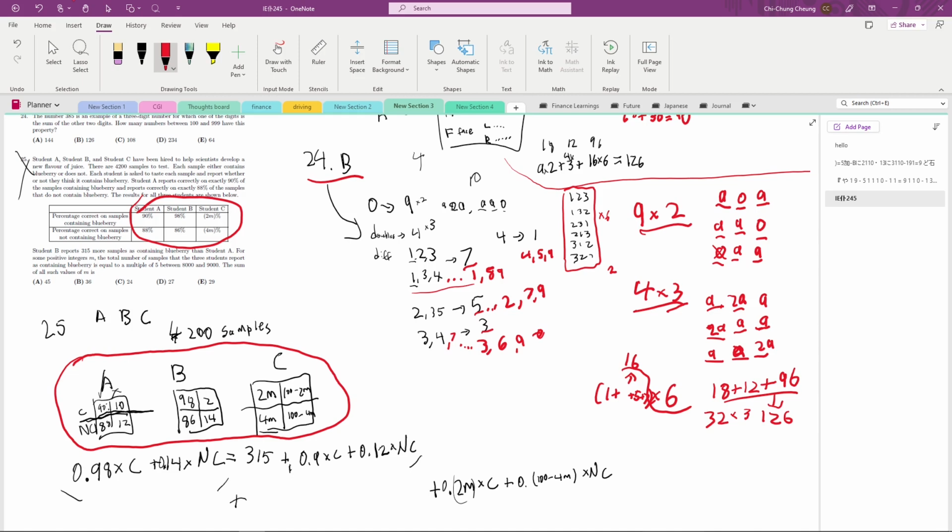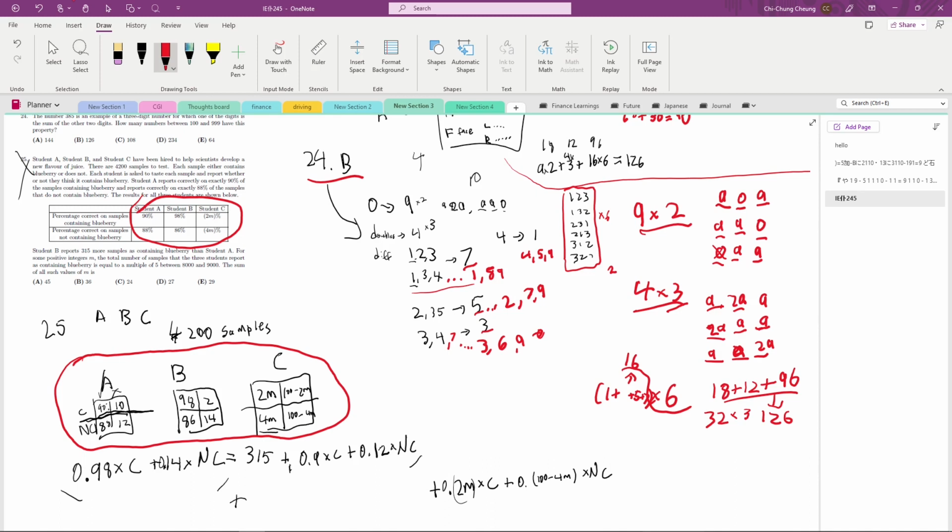But then the wrong ones is 10% of all the samples that have blueberry. See, I got C for contains, NC for not contain, and then the guess with a check mark for has blueberry and an X without. So this is our table.